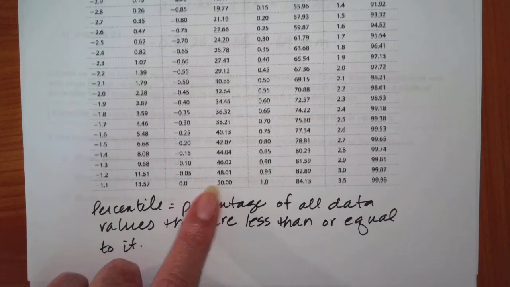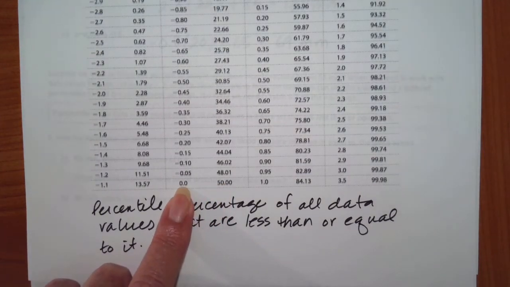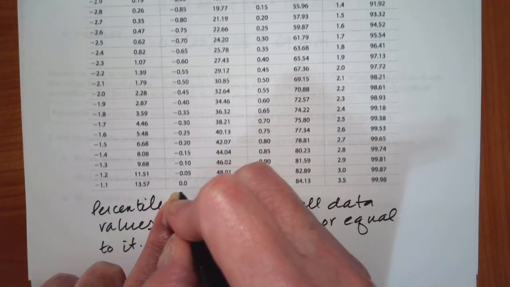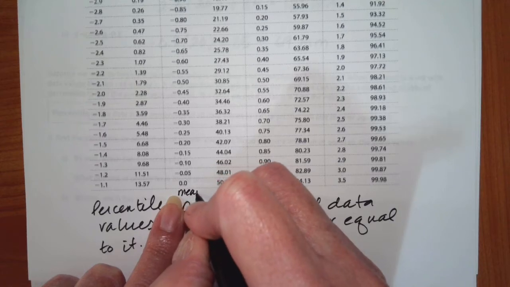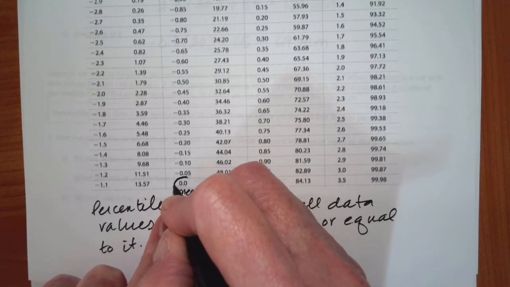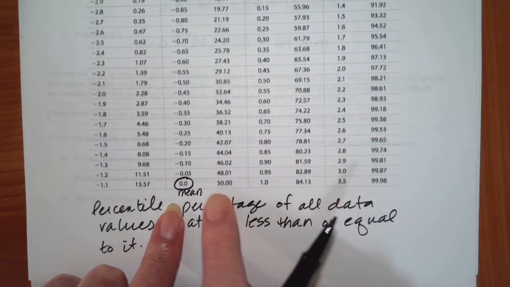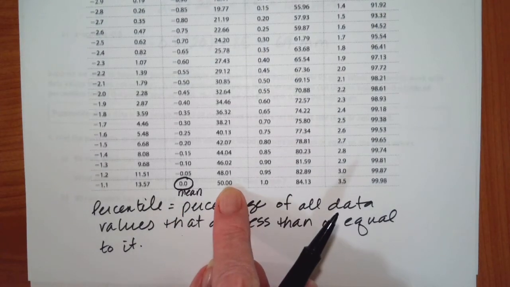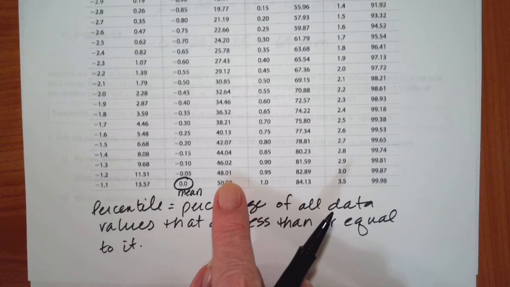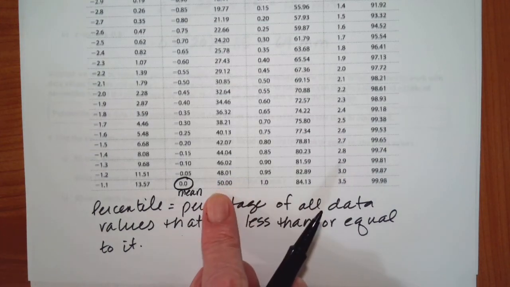Okay. So what that means here is if your z-score is 0, that means this is the mean. 0 is the mean. 50% of the data values are below the mean, and 50% are above.